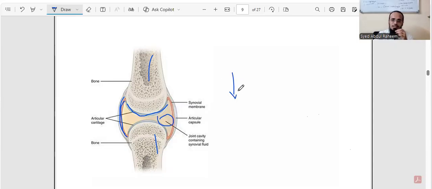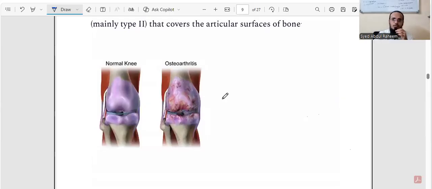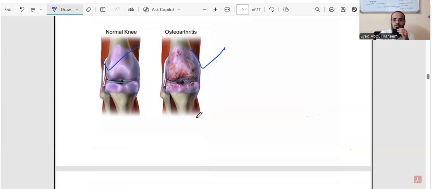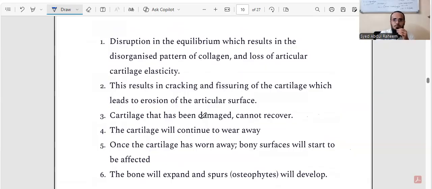Synovial fluid is decreased due to the increase in weight, so gradually articular cartilage degeneration happens. You can say this is the normal knee. This is the osteoarthritis knee. Due to the pressure and friction, the articular cartilage is reduced, lost.